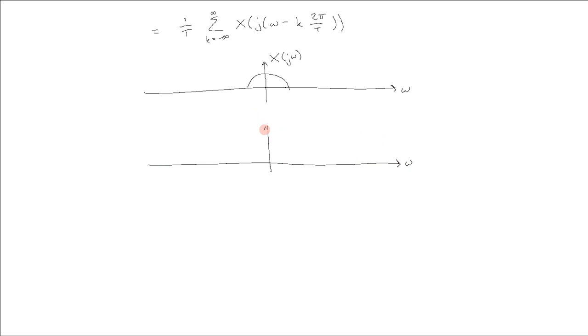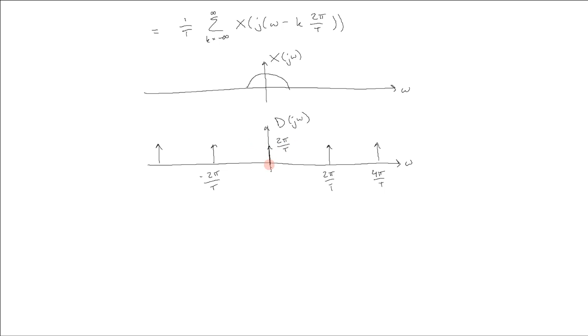Additionally, we know that the Fourier transform of d is just again going to be these impulses that are going to be spaced at 2π over T apart: 2π over T and then 4π over T, and likewise on the negative side, and so on. And they have an amplitude of 2π over T.